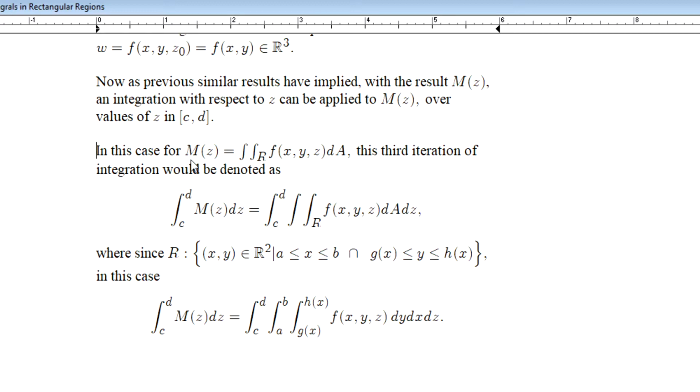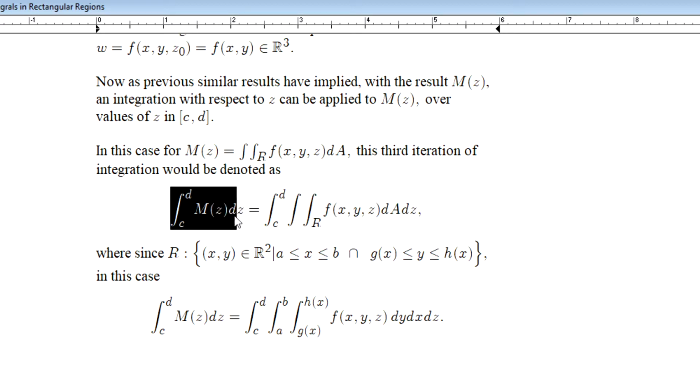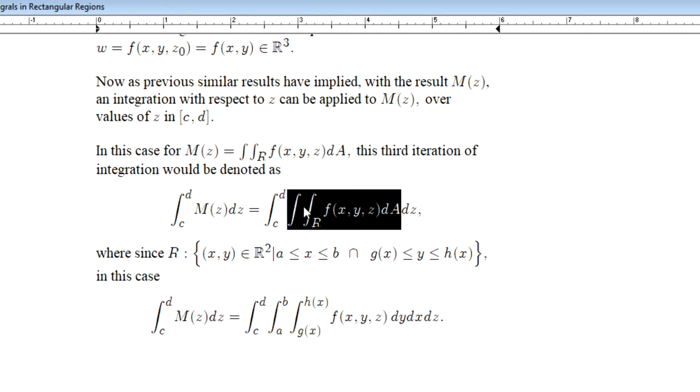In this case, m of z, equal to this result here, the third iteration of integration would be denoted as this here. That integration from c to d applied to m of z dz, all happening with respect to z, would be like applying this single integral operator to this double integral operation that we performed above.